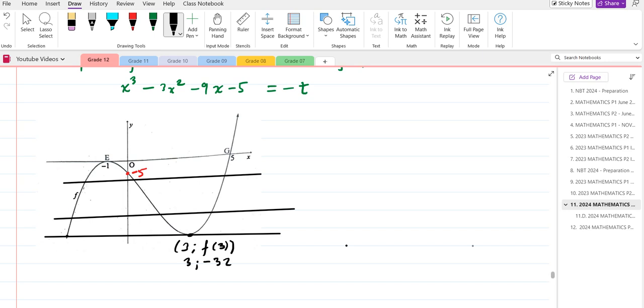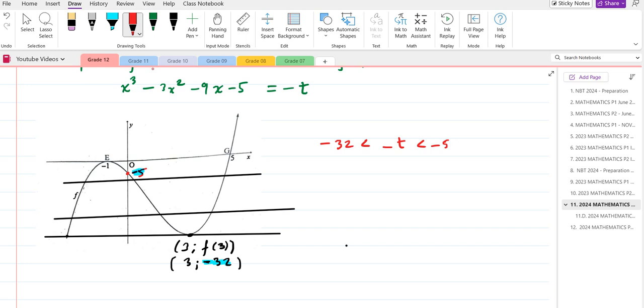So I've got 3 and -32. So I can only horizontally cut between -32 and -5. Remember, -5 not included, both not included. So -32 less than and -5 here, right? So remember the value of -t needs to be in there to find roots.